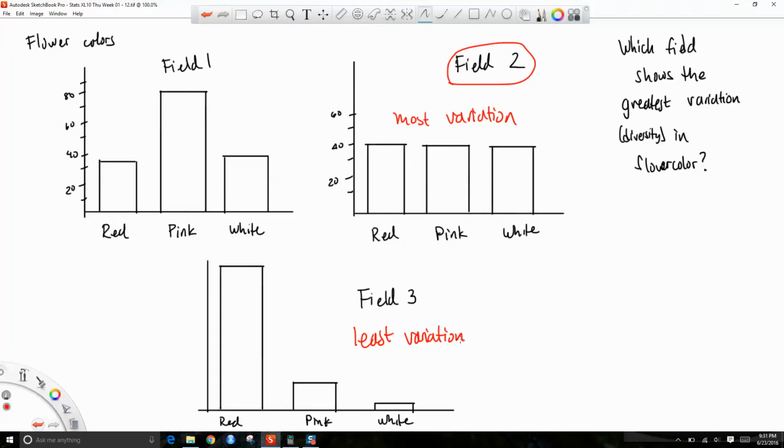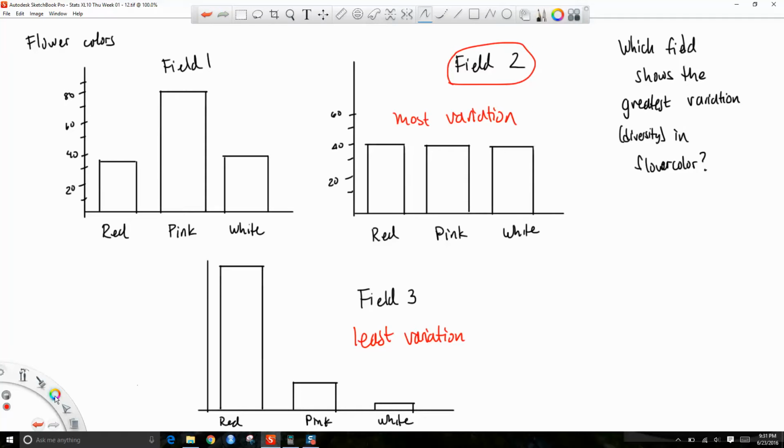Now why is that? Some of you might have looked at field 2 and said, oh, the red is 40 and pink is 40 and white is 40. That doesn't sound like variation. It sounds like they all have the same number. But when we're talking about a categorical variable, that's what it means to have lots of variation.